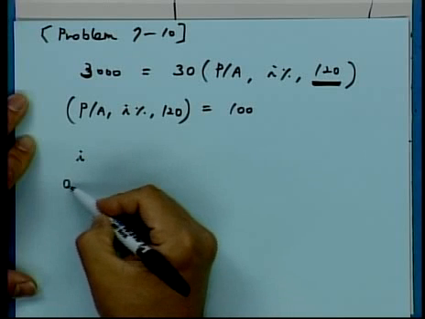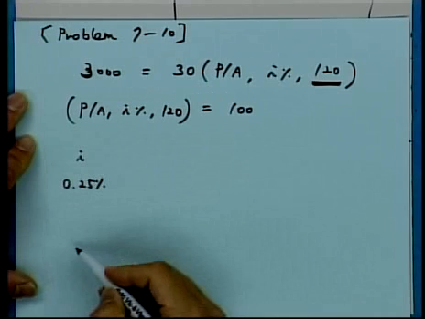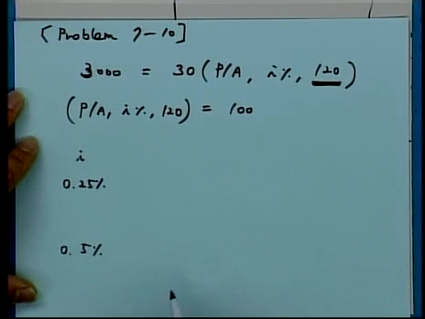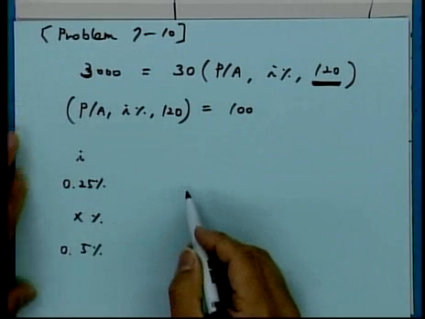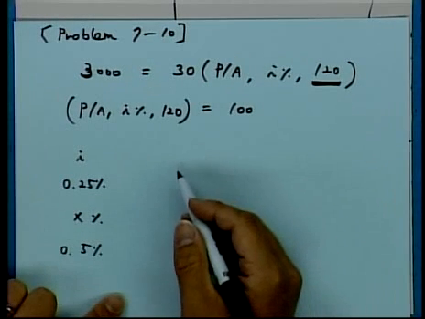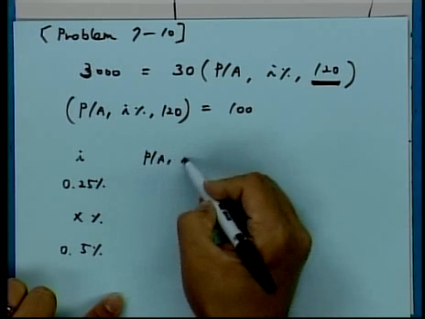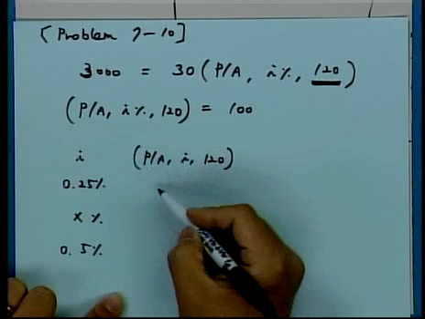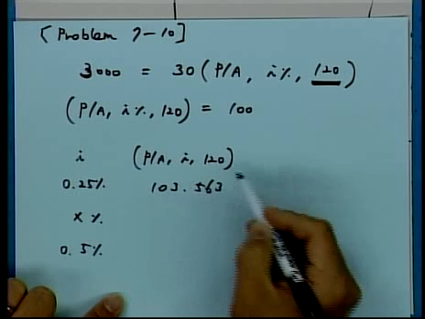So it's 0.25% and 0.5%, and X%. If it's 0.25%, P given A over 120 periods would be 103.563.